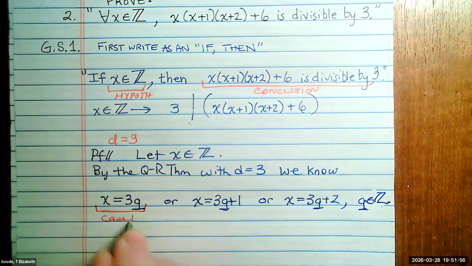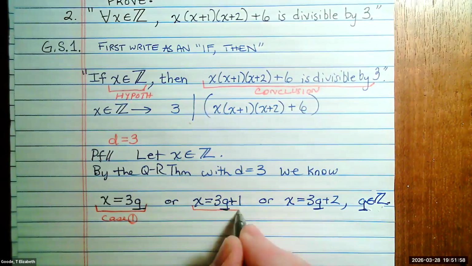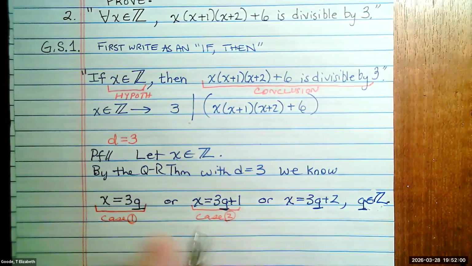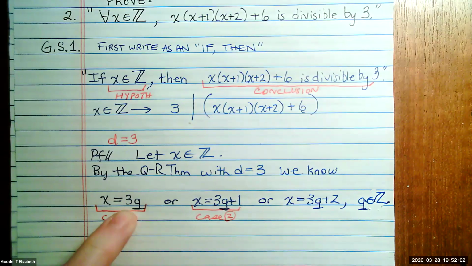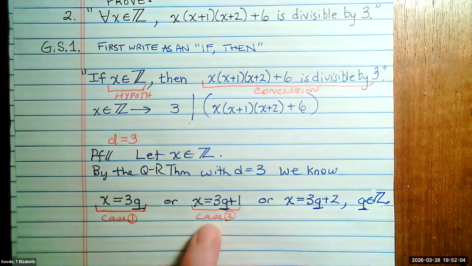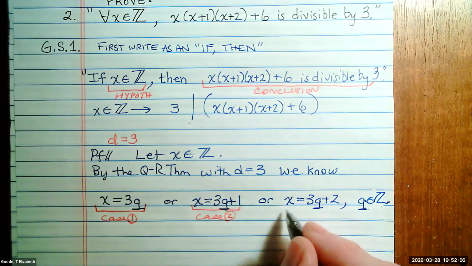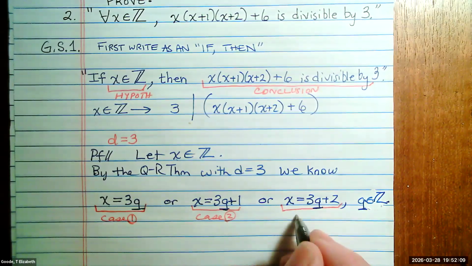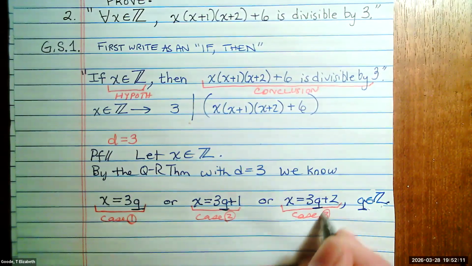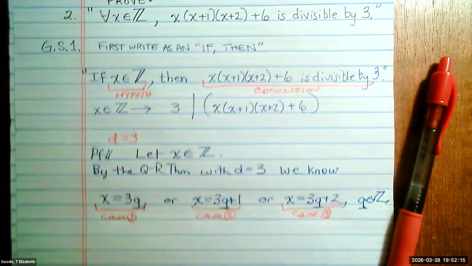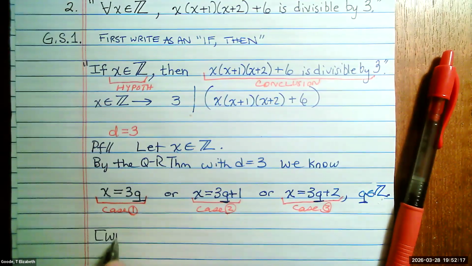Case one, case two. So in case one, we'll suppose that x is equal to 3q. We'll suppose x equals 3q plus 1 in case two. And what will we suppose in case three? x equals 3q plus 2. And what do we wish to show in each case?